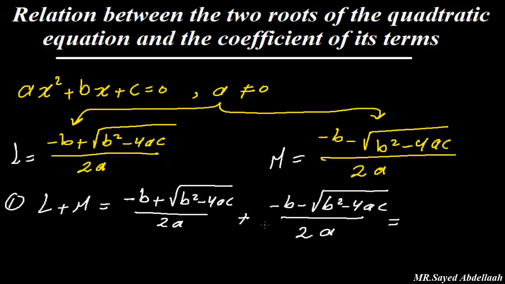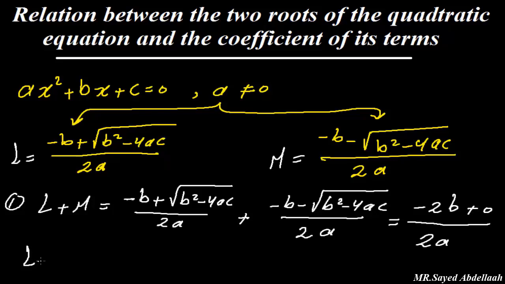For adding two fractions, first we have the two fractions with the same denominator 2a, so take one 2a and put it at the denominator. Second, add the two numerators. Negative b plus negative b is equal to negative 2b. Then the square root of b² minus 4ac plus negative square root of b² minus 4ac equals 0. Okay, then this plus 0.